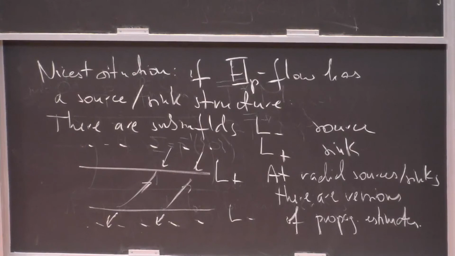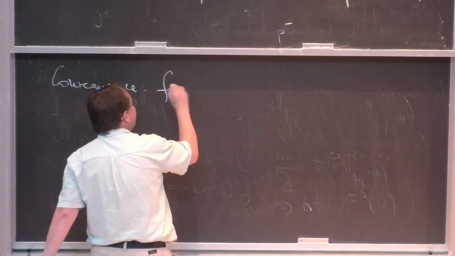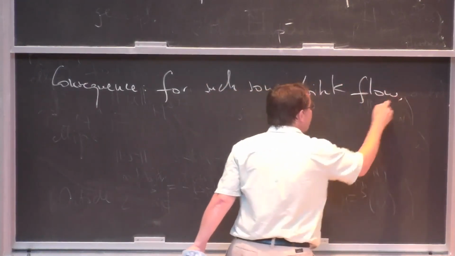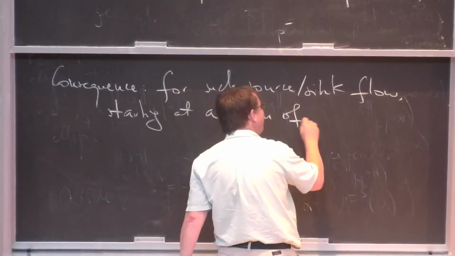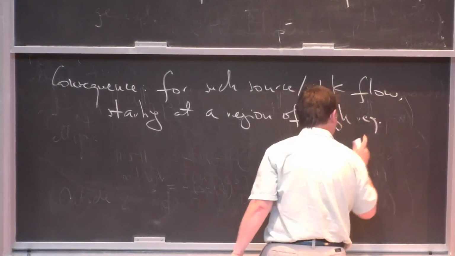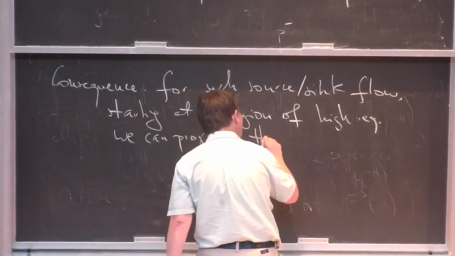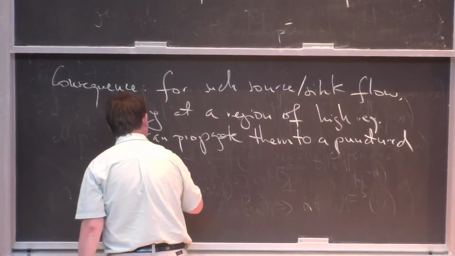Okay, so the reason this is nice is that a consequence for such a flow, starting at a region of high regularity, we can propagate them to a punctured neighborhood of the other radial set.